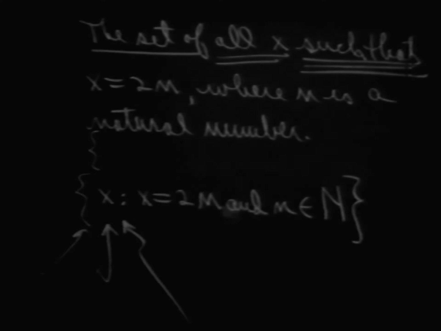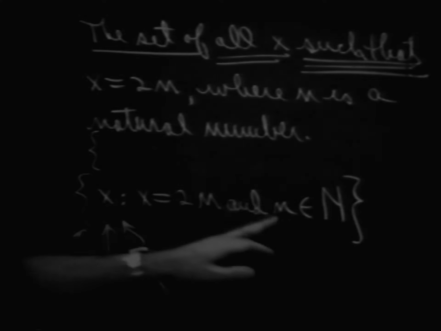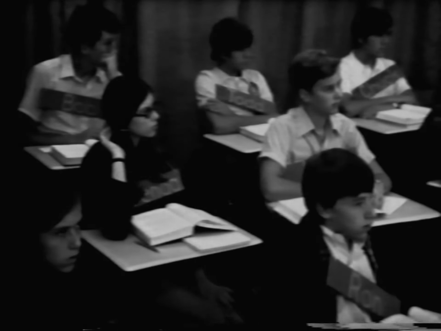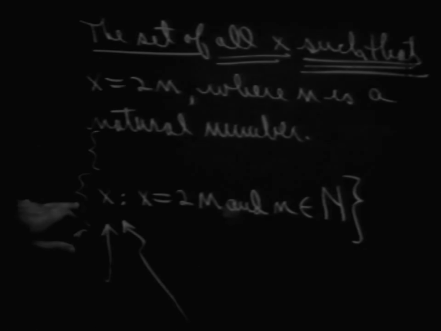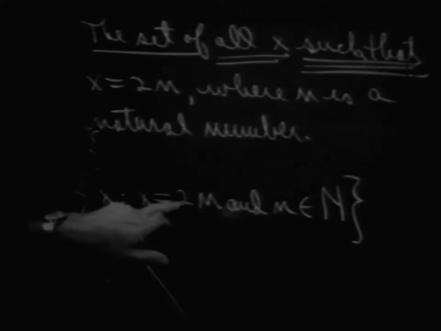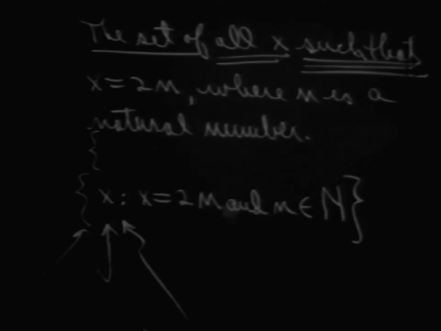Let's use this notation. Well, it says that n is a natural number. All right, well, what's our first natural number? When we start counting, our first natural number, Steve says, is 1. All right, so let's let n be 1. So therefore, the set of all x's such that x equals 2 times 1 gives us the first value of x to be what? 2. All right. What's the next value of x?